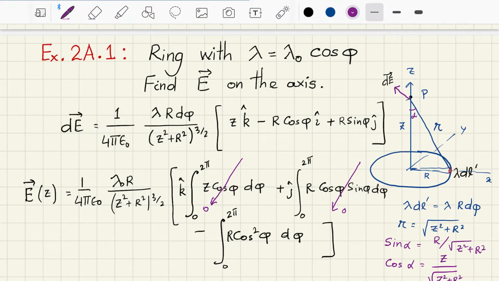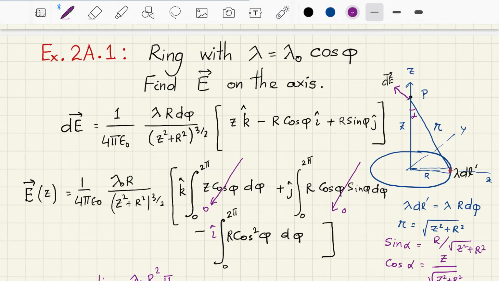So we can straight away write down the answer: minus i, 1 by 4 pi epsilon naught, lambda naught. There is an r coming out from here, so lambda naught r square, and the integral from 0 to 2 pi is giving pi, over (z square plus r square)^(3/2).